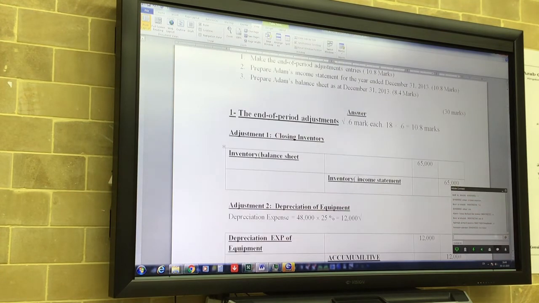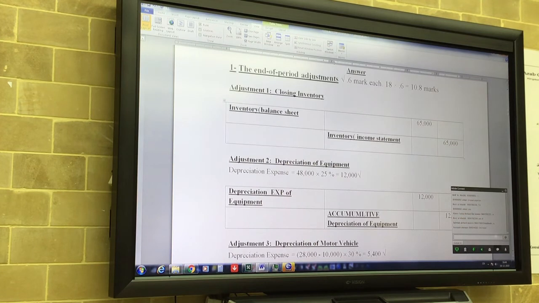So when he asks you to prepare the balance sheet and income statement, you will take care of the adjustment entries, because you will shift the adjustment entries to the balance sheet and the income statement.